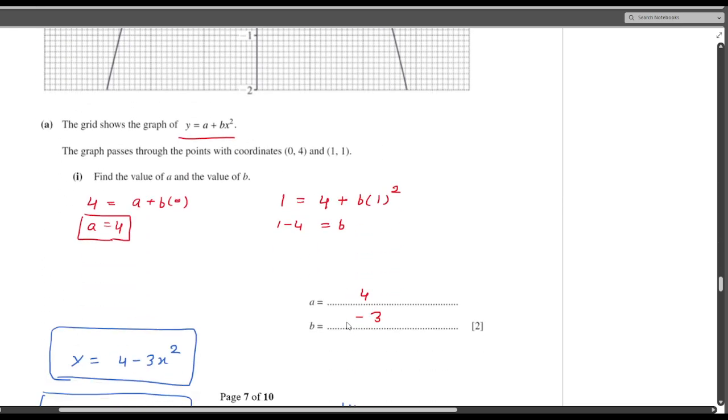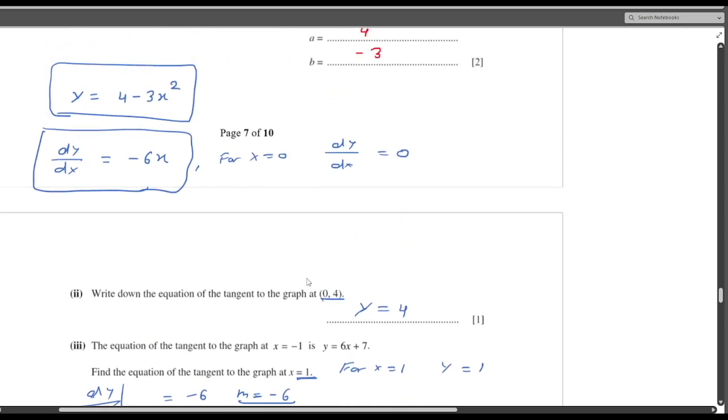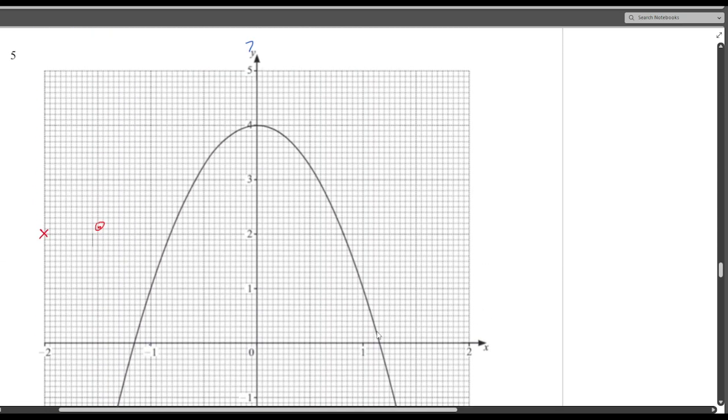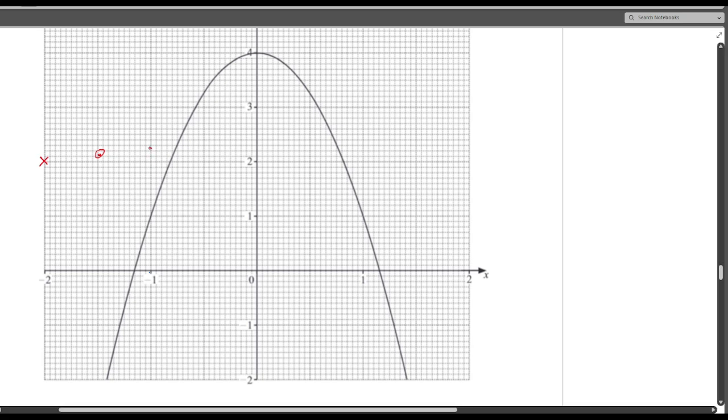Then for -1 it is 2.25, so 2.11 to 2.5, somewhere here. Okay, I have one point over here.